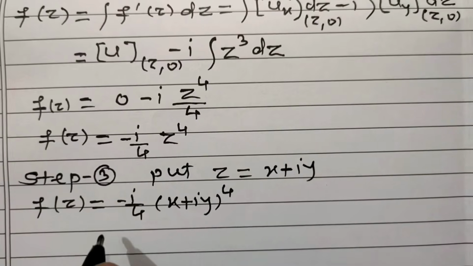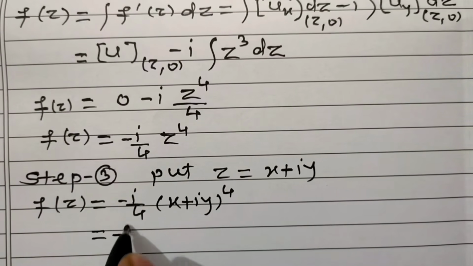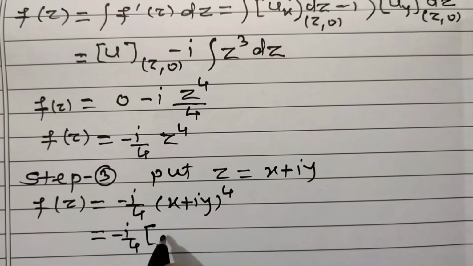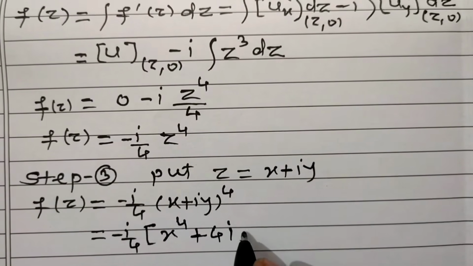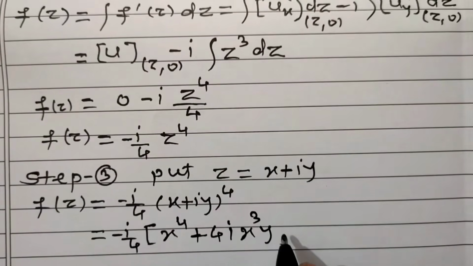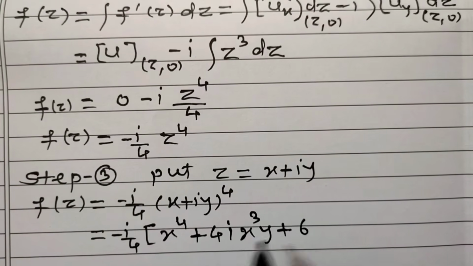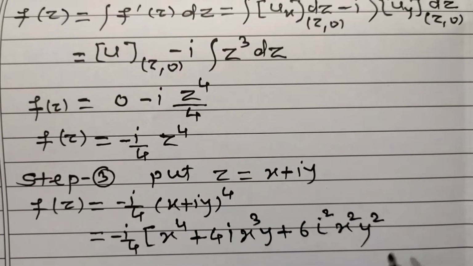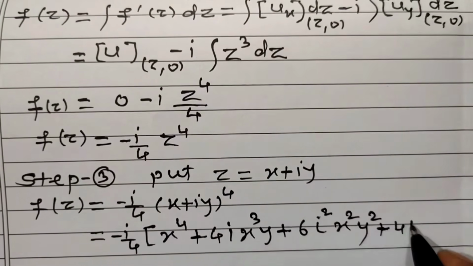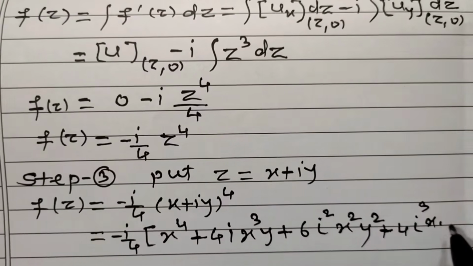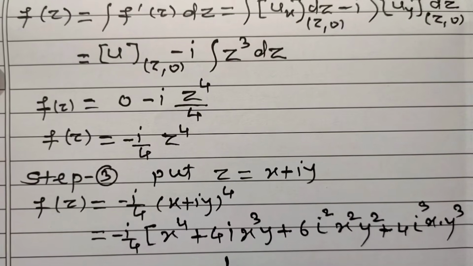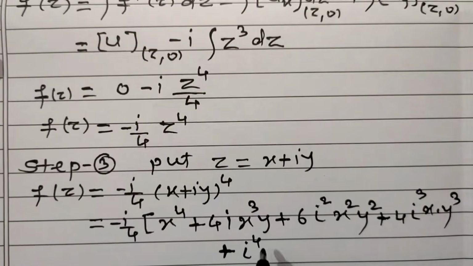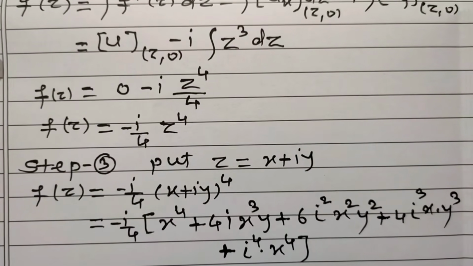So this is equal to minus i upon 4 into bracket x to the power 4 plus 4 times i into x cube y plus 6 times i square into x square y square plus 4 into i cube x into y cube plus 1 into i to the power 4 into y to the power 4. Simplify this.